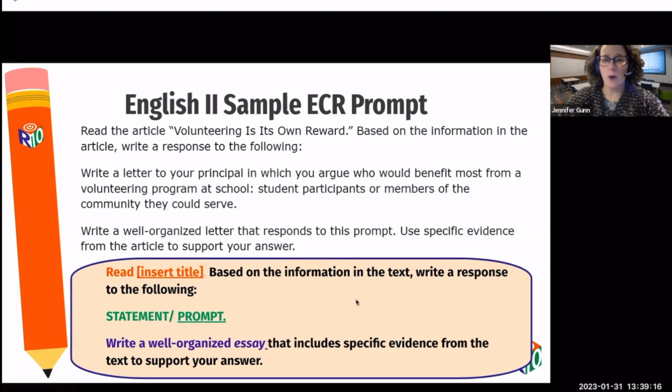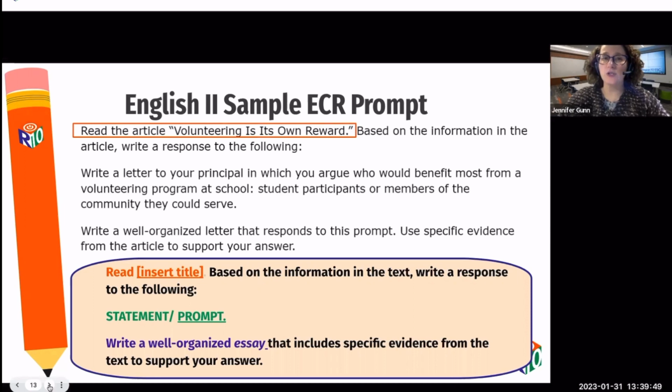You will see at the bottom of this slide that we're looking at 3 parts of a prompt. We're looking at what the student will need to read, the prompt itself, the content the student must write, and a clarification in the final and third part about how that student needs to write. So in this specific example, read the article, "Volunteering Is Its Own Reward."